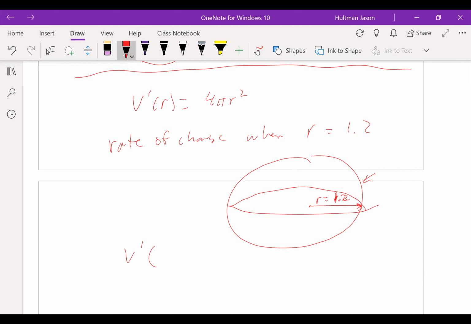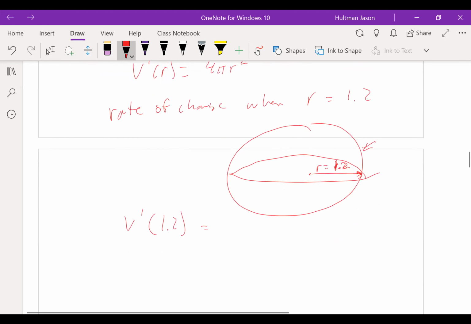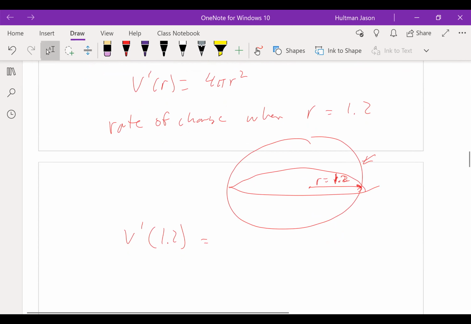So I'm just going to plug in 1.2 for r, and the instantaneous rate of change, say the volume was in meters. Okay, so the volume here is going to be in meters cubed, right? So what's the instantaneous rate of change? It's whatever per whatever unit that you want.